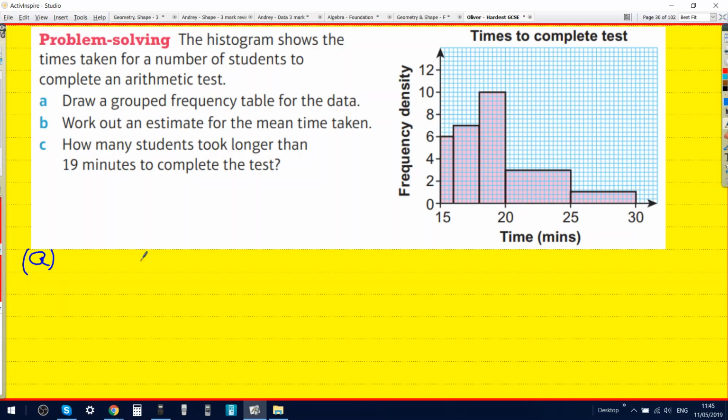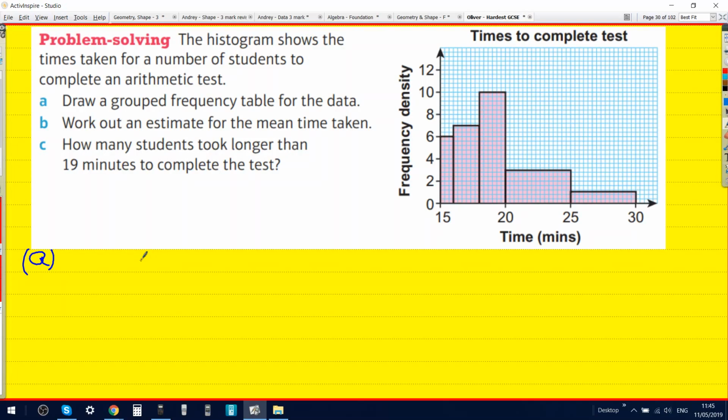It would be base times height. So it starts from 15. What does it stop at? Stops at 20. So it'll be like 3 separate bars. How about just the first bar? The first bar is 3.